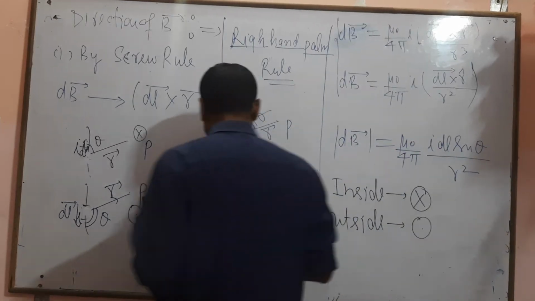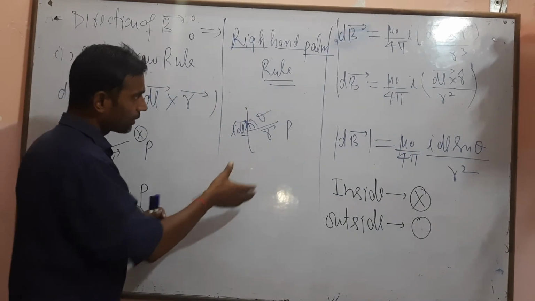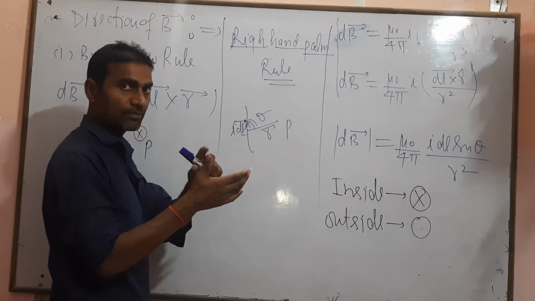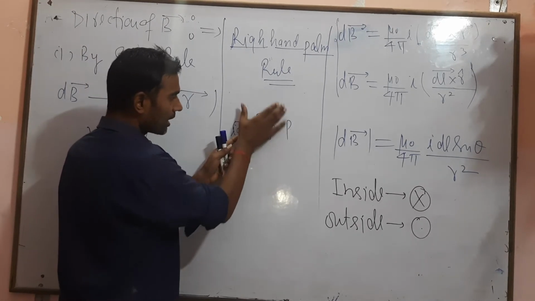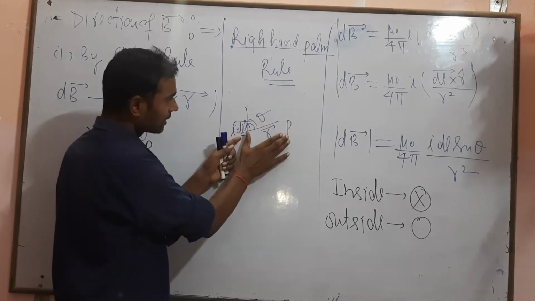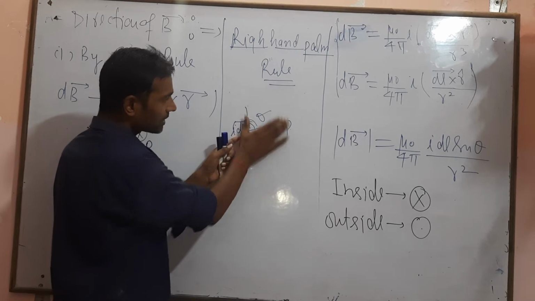Applying the right hand rule, the thumb goes in the direction of dl, which is along the current.